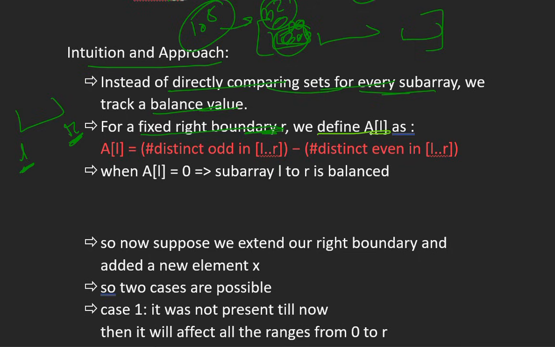And we have defined A[L]. What is A[L]? A[L] stores the number of distinct odd numbers in L to R minus the number of distinct even numbers in range L to R. So basically A[L] stores the difference of the count of distinct odd numbers and the count of distinct even numbers in the range L to R. If A[L] is equal to 0, that means the count of odd is equal to the count of even numbers, and that means our subarray L to R is balanced.